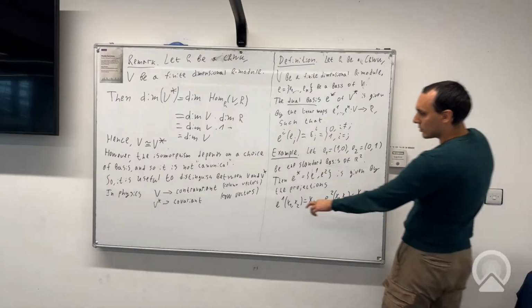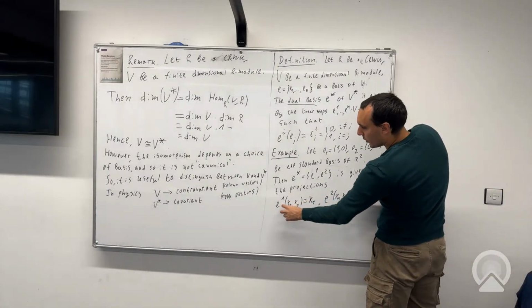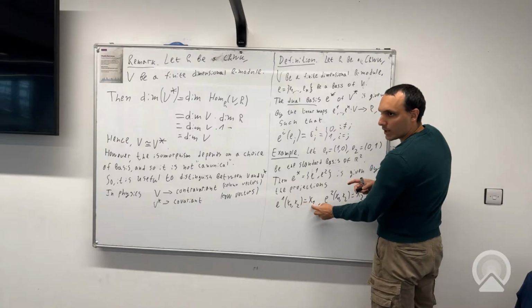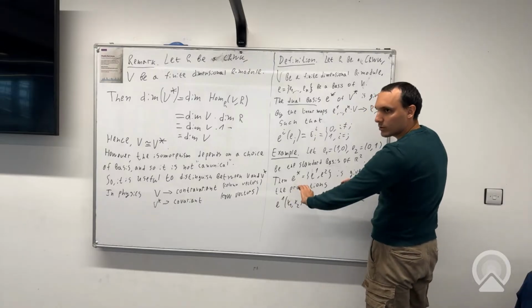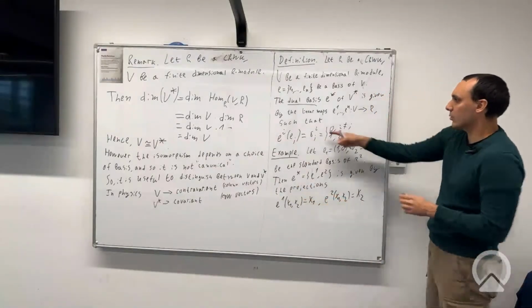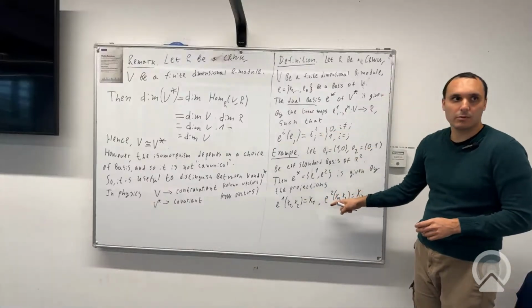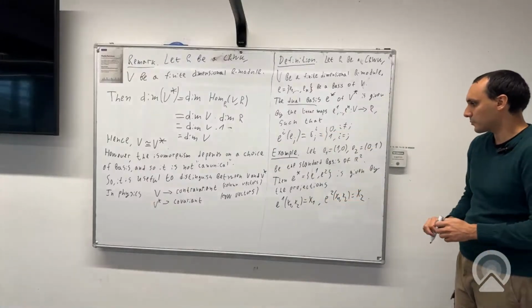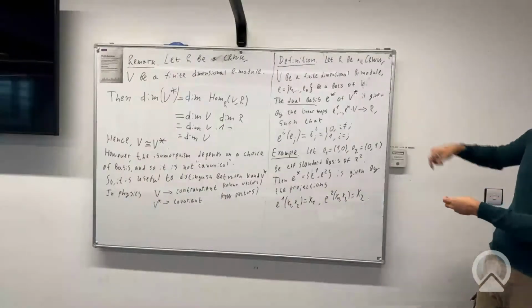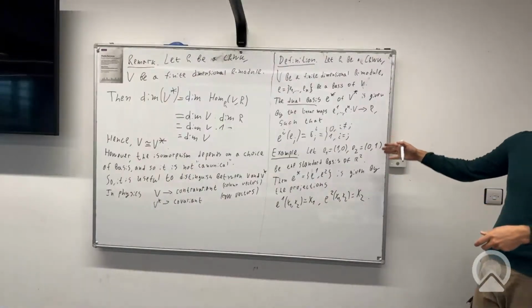And it's easy to check that when e^1 is applied to (1, 0), we get 1, and when it's applied to (0, 1), we get 0. So we get the Kronecker symbol for e^1, and similarly for e^2. Of course, we can generalize this to any dimension.